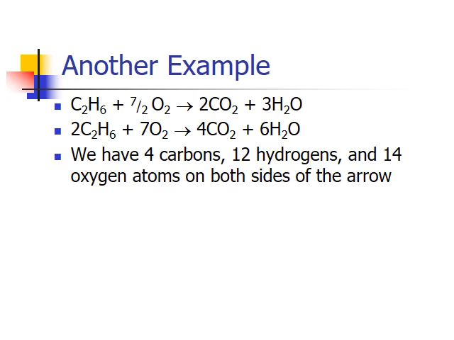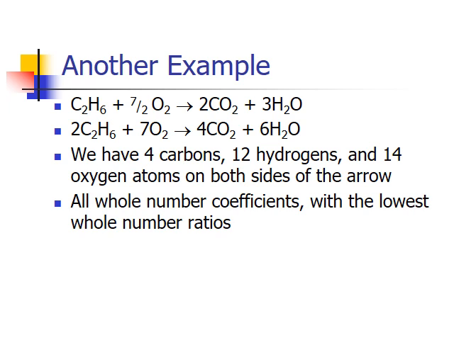We have the same number of the same type of atoms on both sides: 4 carbons left and right, 12 hydrogens left and right, 14 oxygen atoms left and right, both sides of the arrow. All are whole number coefficients, and we have the lowest whole number ratios. There's no single number we can divide this through and still get whole numbers.